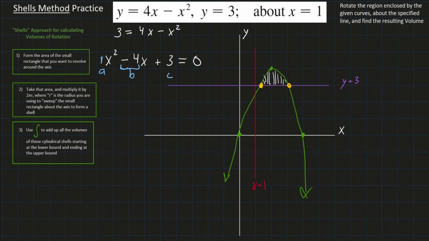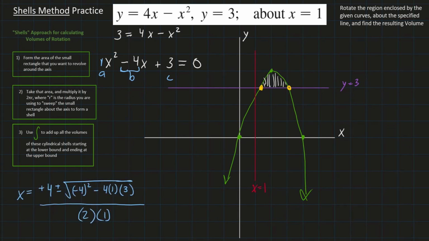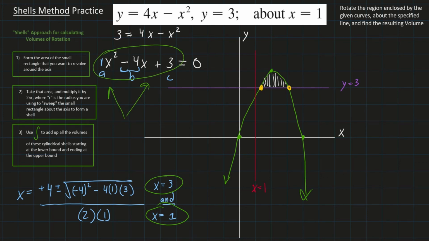So let's use our quadratic formula. If I do my quadratic equation, of course I'm going to get 2 values for x. And those values will be x equals 3 and x equals 1. Those are the two numbers, 3 and 1, that will make this whole equation equal to 0.